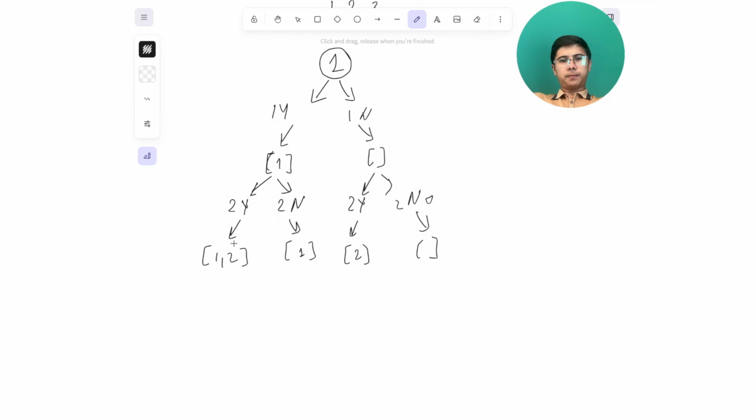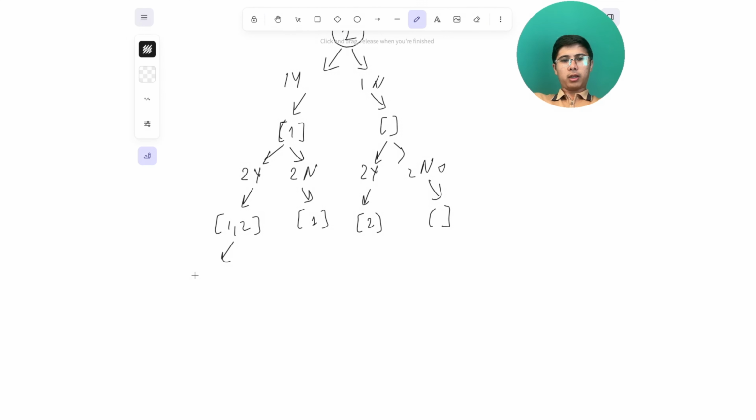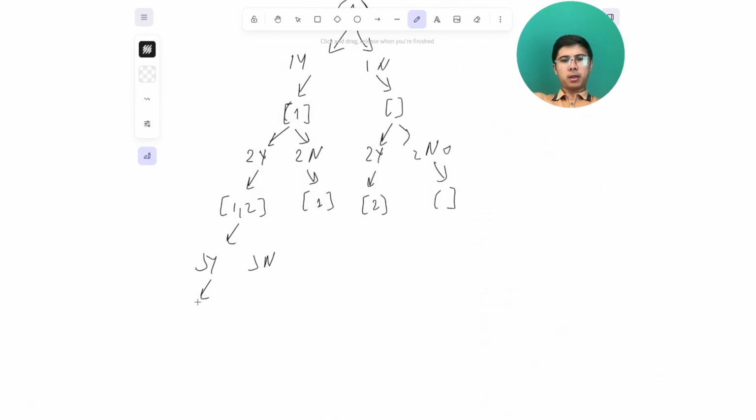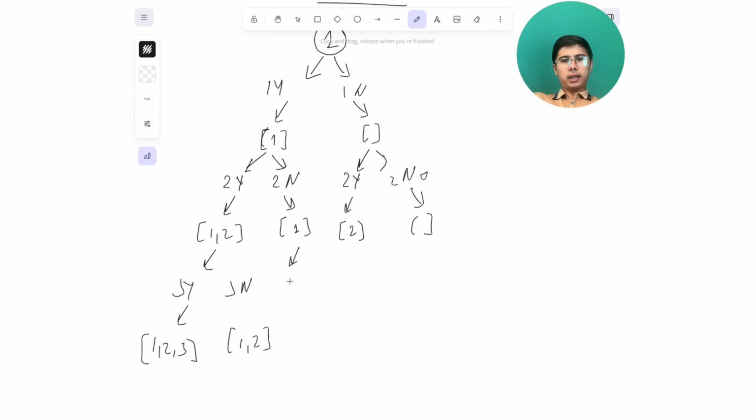And then again in the [1, 2] case, the next element is 3, yes or 3 no. If we decide yes, we write [1, 2, 3], and if we decide no, we just keep [1, 2]. For the next case, 3 yes, 3 no: if we decide yes, we write [1, 3]. If we decide no, we just keep [1].